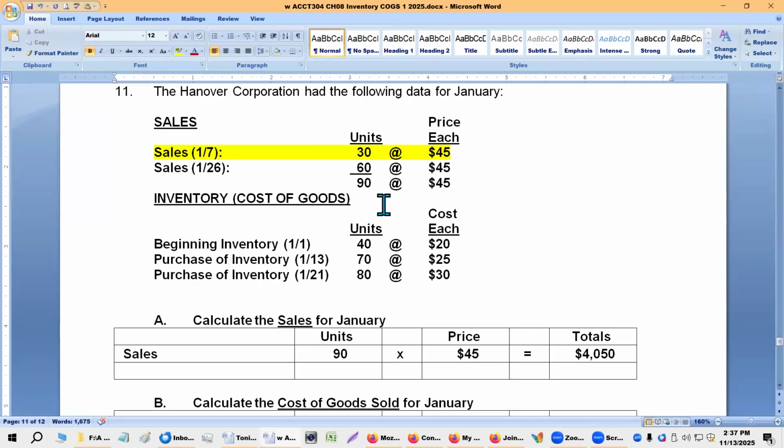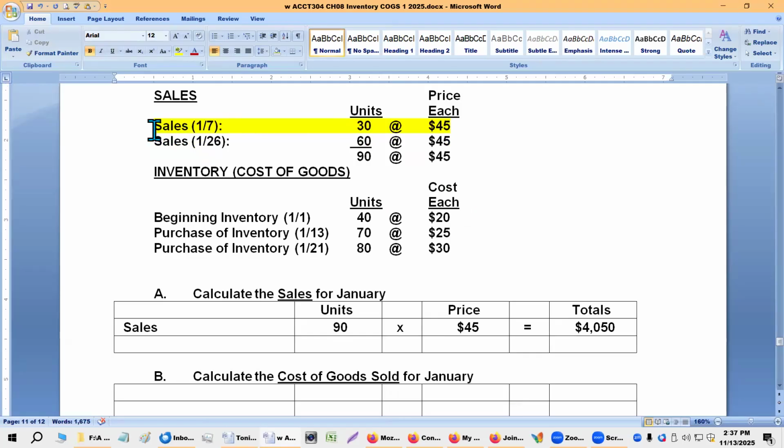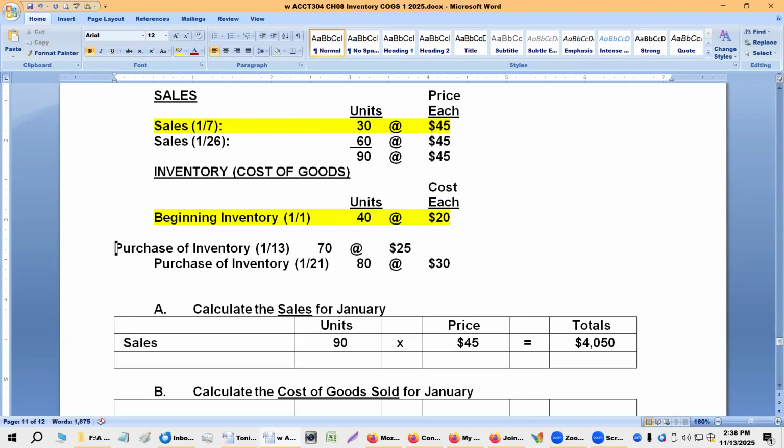There's something I want to talk about for FIFO, but okay, so on the 7th, which one must this come from? Would it just be the beginning inventory on 1-1? Because that's all we know about by the 7th. Exactly.